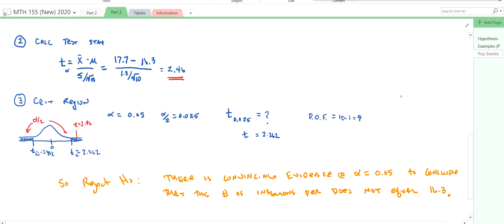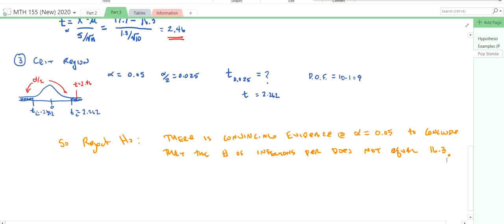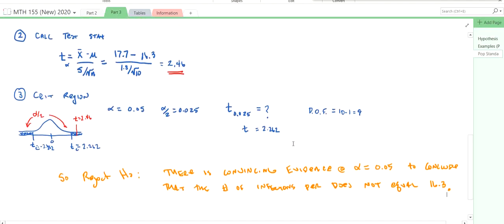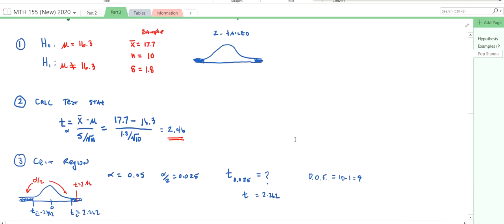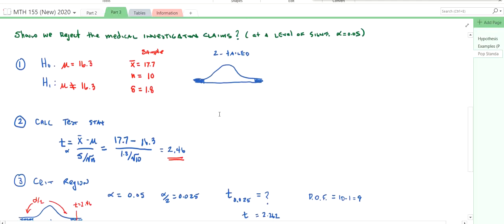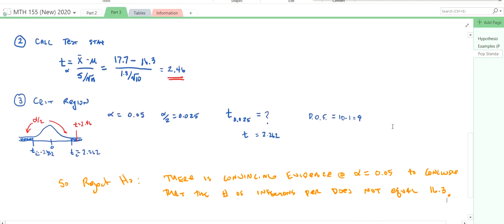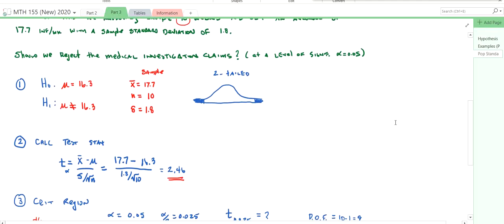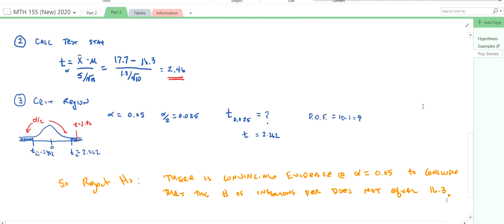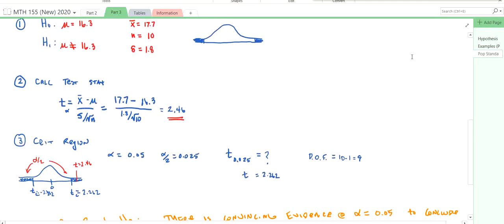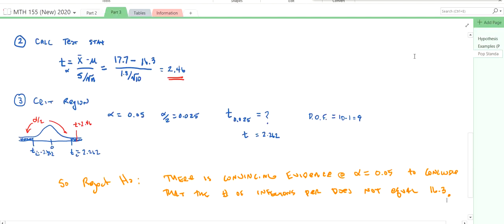And that's about all we can say there. Can't really state whether it's greater than or less than. We can only state what we were testing for, and that was whether it did or did not equal 16.3. So if we would have done a right or a left-tailed test here, we might have set this up slightly different. Okay, so that will end this video.